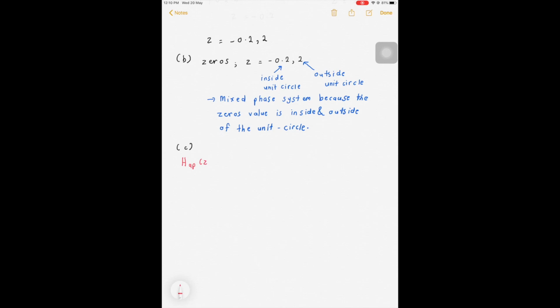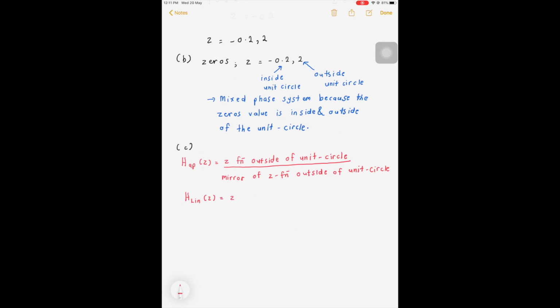For H all-pass, H_ap(z) is equal to the z function outside of the unit circle over the mirror of the z function outside of the unit circle.